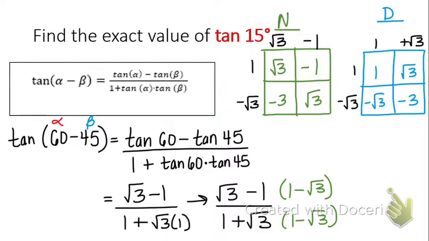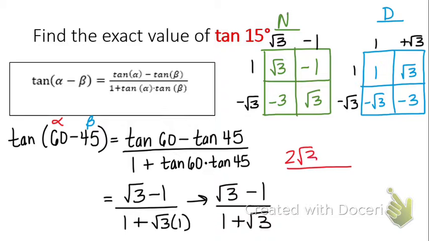Okay, so my final answer, in my numerator, I'll write it in red. I'm going to have 2 root 3's. So 2 root 3. And this would be minus 4.